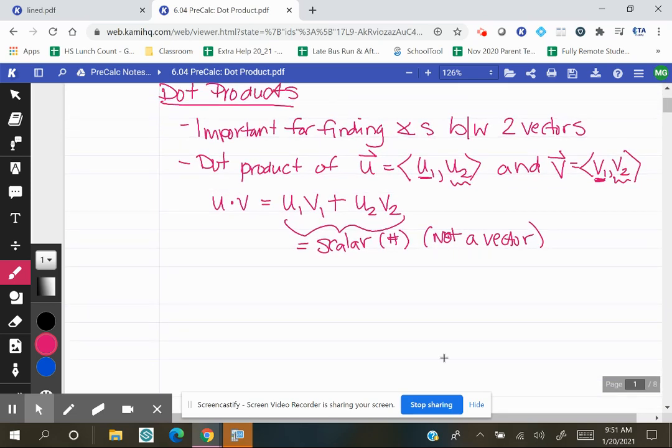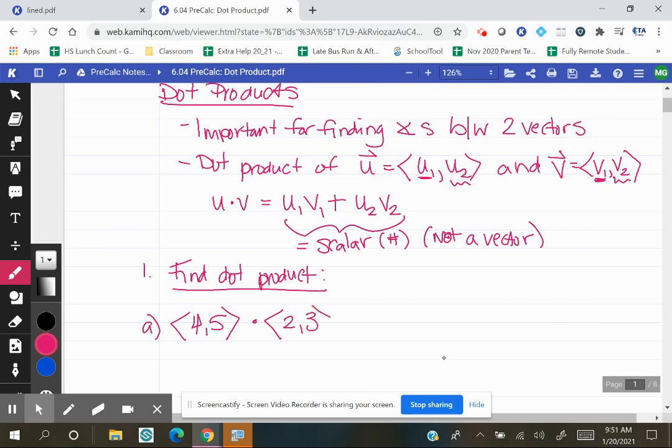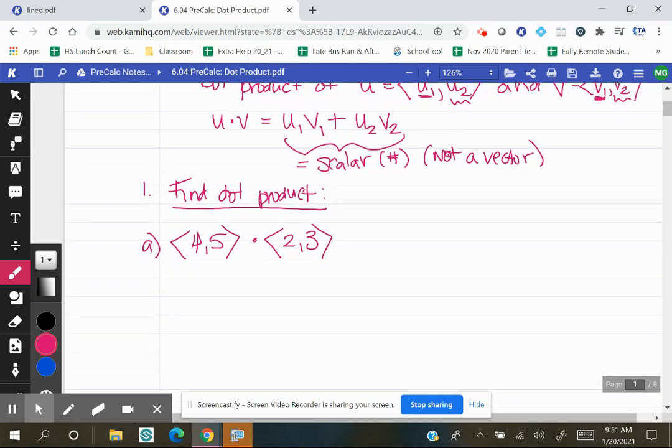So let's practice finding the dot product given two vectors. So letter A, let's do 4, 5, and 2, 3. Okay, so we'll do this one together.